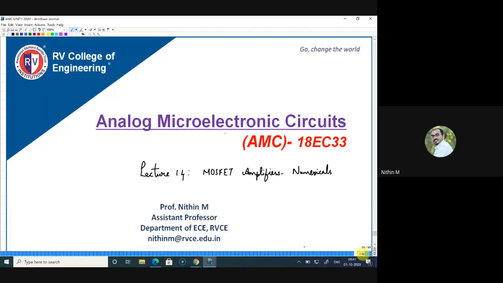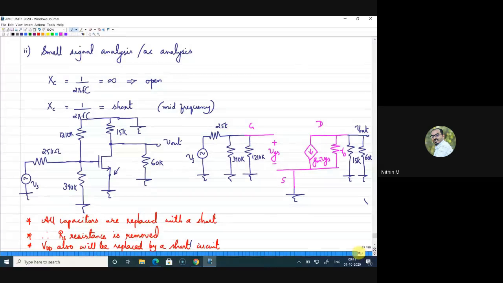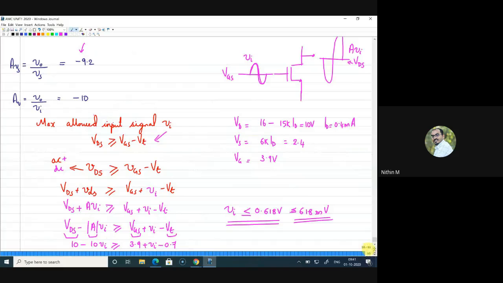So it will take some time. So I request you to practice this numerical and understand this properly, so that if you get another variety of this, you will be able to solve. 2.4. Yeah, I got the answer. So can I move ahead? Go ahead, or you have some doubts here?